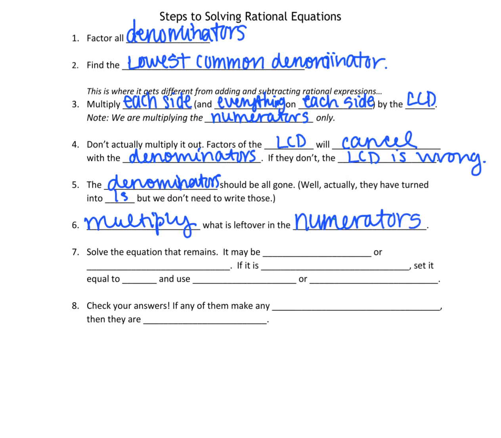Then what should be left is an equation that should be fairly easy. It should be no more denominators, no more fractions, and you have to solve that equation that remains.